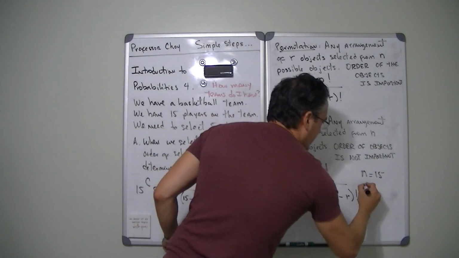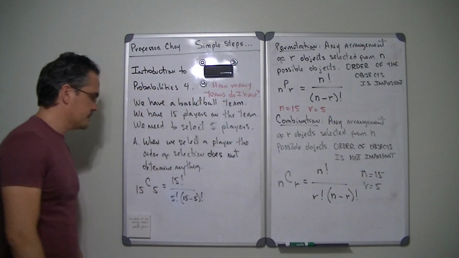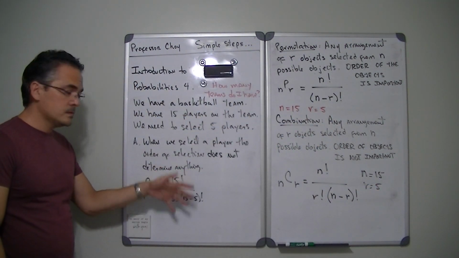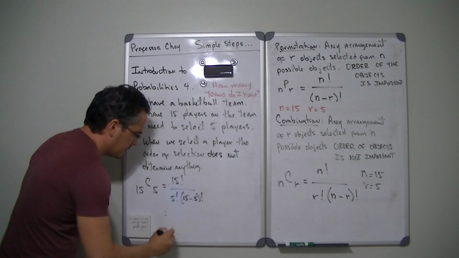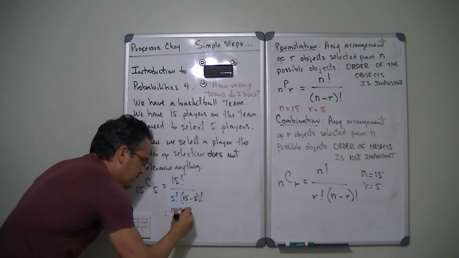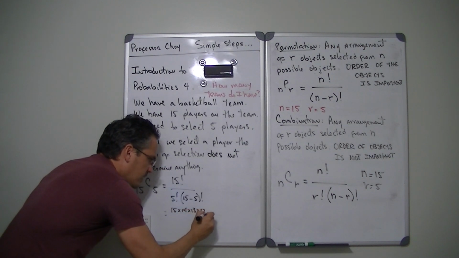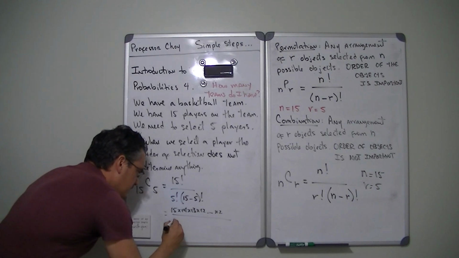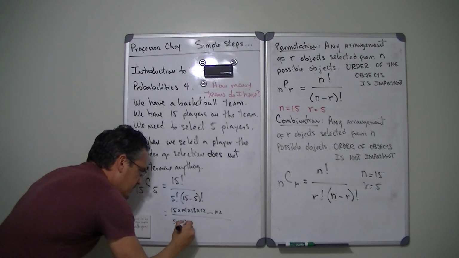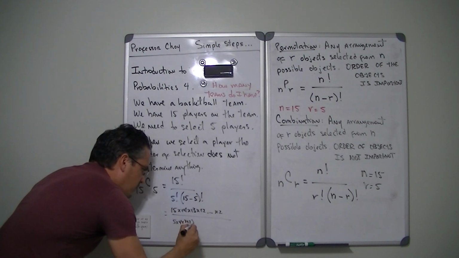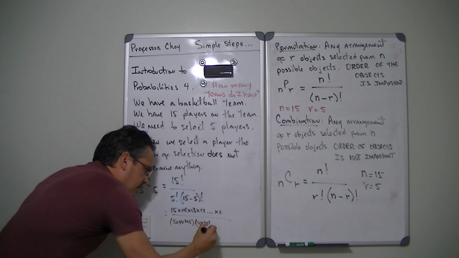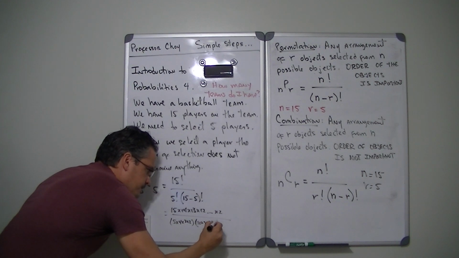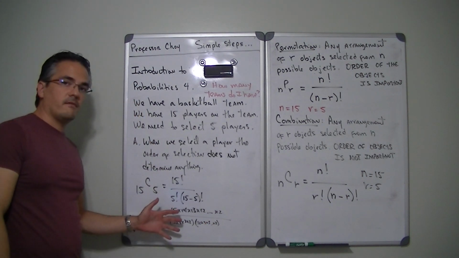So again, our r is still 5. Now remember, if you want to do this, you have to set it up as 15 times 14 times 13 times 12 all the way to times 2 divided by 5 factorial. So you got to do 5 times 4 times 3 times 2, and then once you do that, you got to multiply it times 10 factorial, which is 10 times 9 times 8 all the way to times 2. And then you solve that.